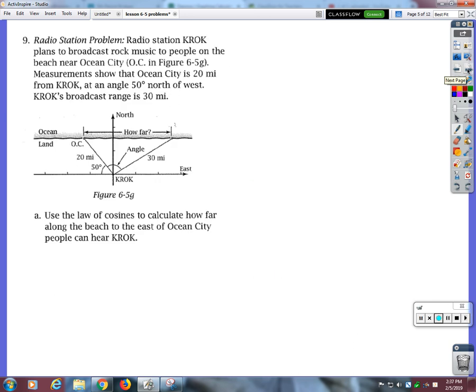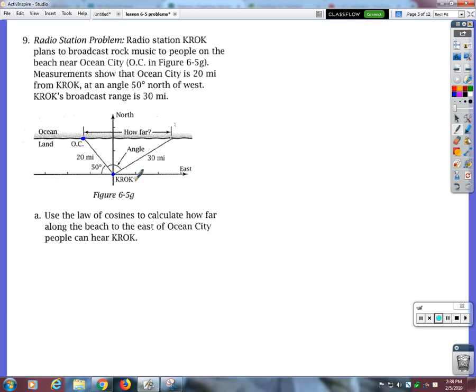All right. Number 9. Radio station K-Rock plans to broadcast rock music to people on the beach near Ocean City. So here is the radio station. Here is Ocean City.